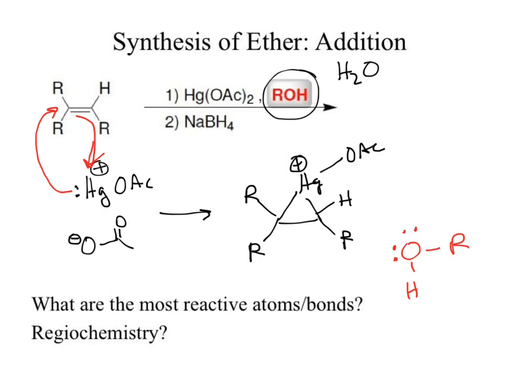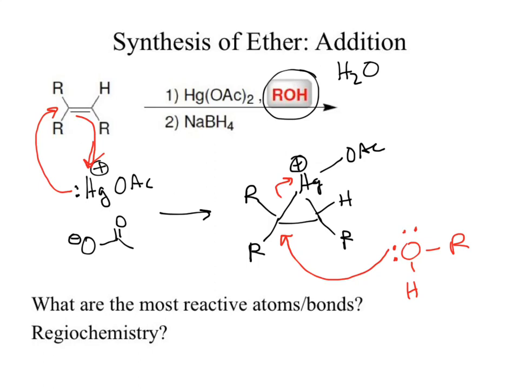Mercury is positive, but it's not electrophilic. So where's our most electrophilic position? Mercury is a great leaving group. We'll attack the most substituted position because the mercury is a good leaving group, kicking that out.